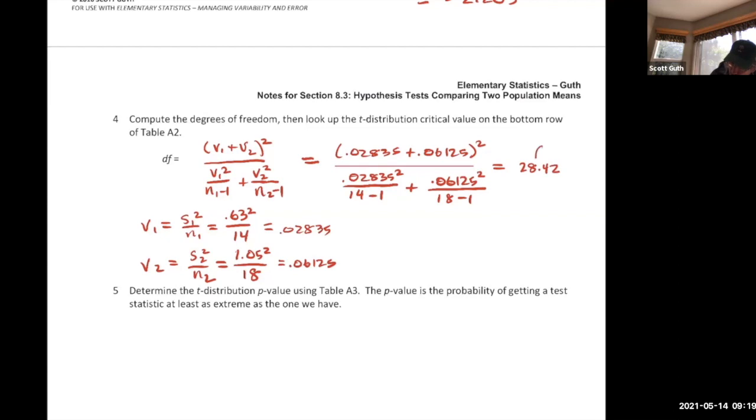So you want to round this up to a larger number. But the key word is round up, and I should say to a whole number.